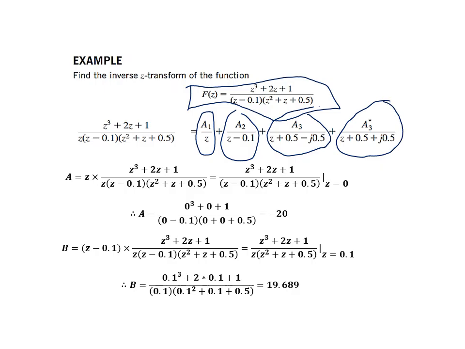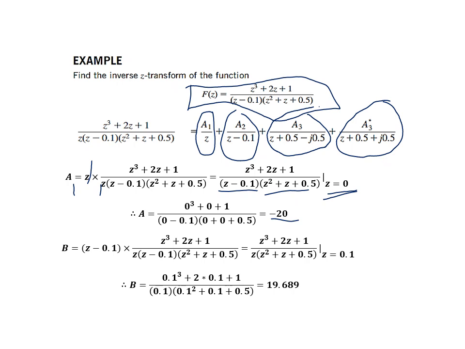For the first coefficient a1, we multiply both sides by z. Then z is cancelled with z. We get z cubed plus 2z squared plus 1 divided by z minus 0.1 times z squared plus z plus 0.5. We substitute z equals 0. Then we have 1 divided by negative 0.1 times 0.5, which is equal to negative 20.